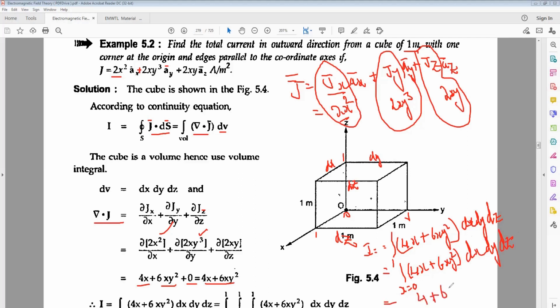First of all, with respect to x, we get 4 plus 6y², and apply the dy here.